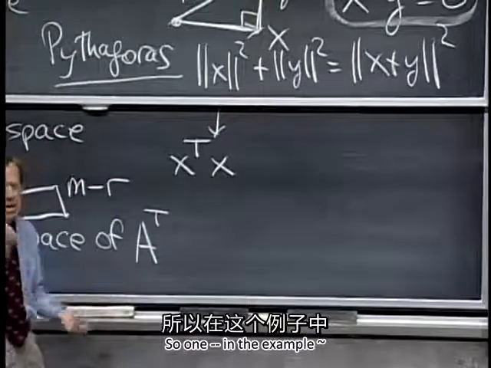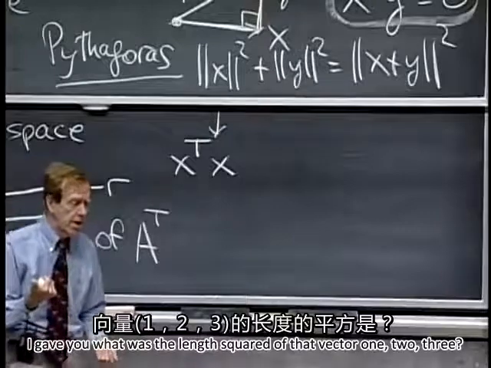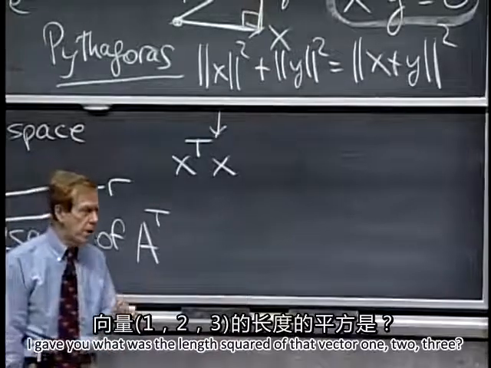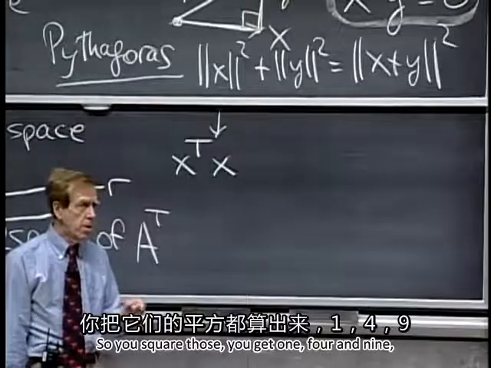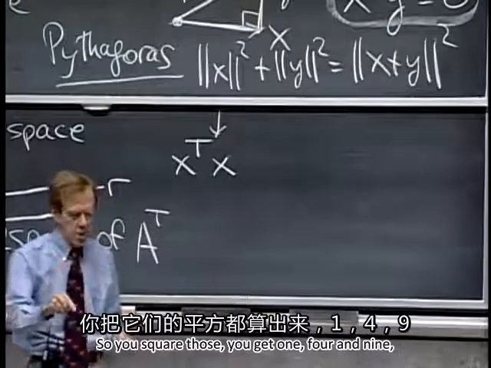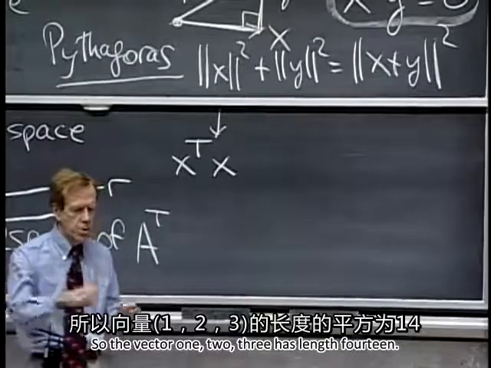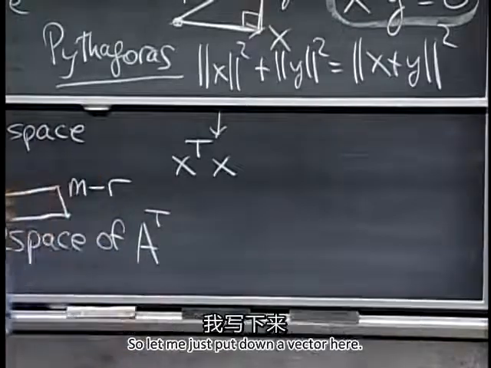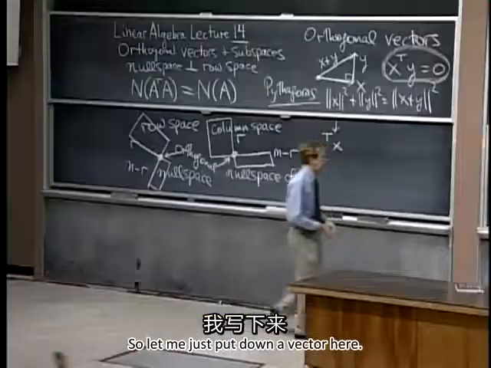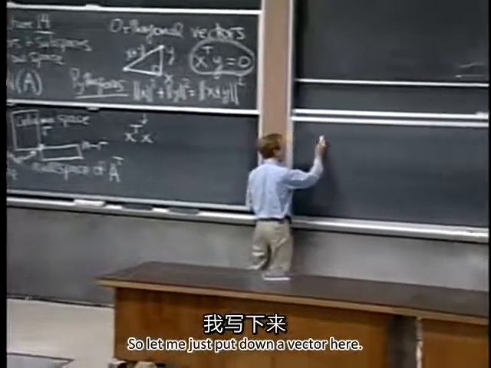So in the example I gave you, what was the length squared of that vector 1, 2, 3? You square those, you get 1, 4, and 9. You add, you get 14. So the vector 1, 2, 3 has length squared 14. So let me just put down a vector here.